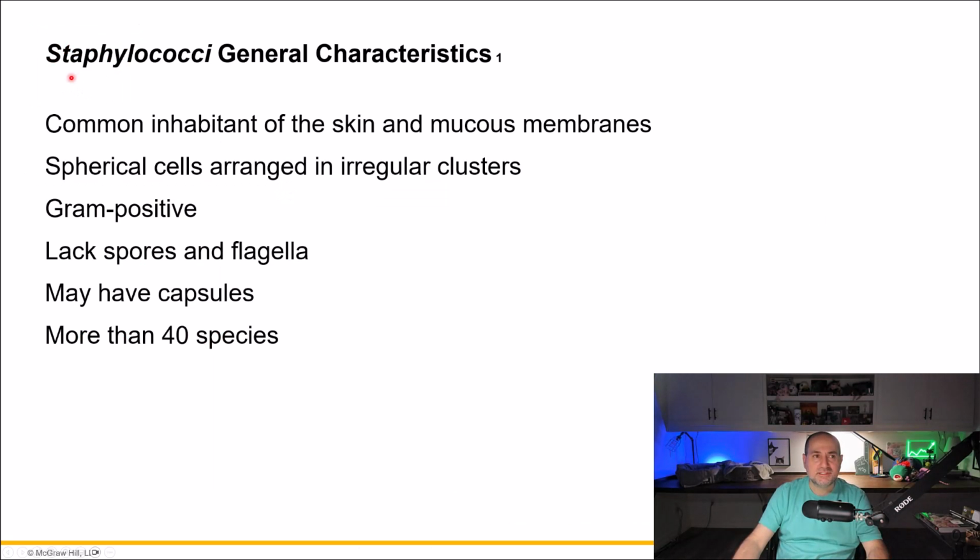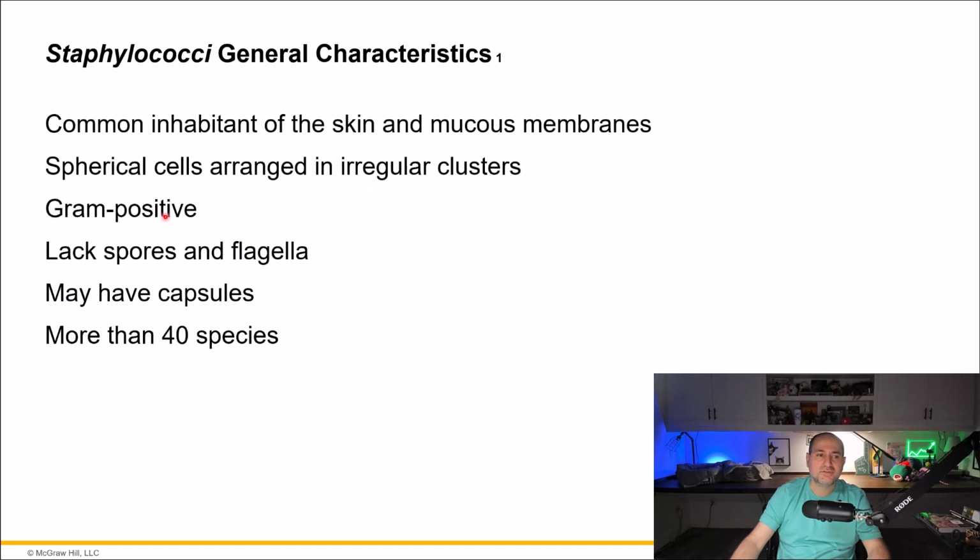Remember, chapter 18 kicks off with staphylococci, so we have to learn about these bacterium. You should remember that these guys are salt-loving, so they can inhabit the skin because they are halophiles. They enjoy salt. They're also spherical cells arranged in irregular clusters.